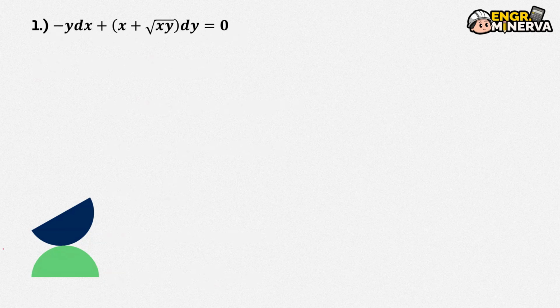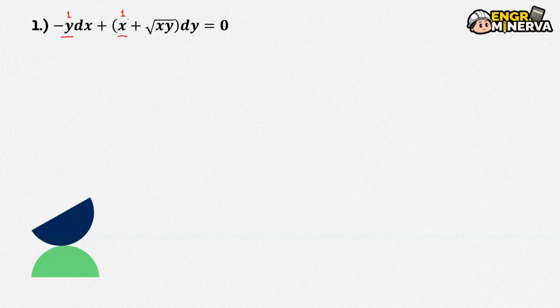First, we have negative y dx plus x plus square root of xy dy equals 0. Let us determine if it is really a homogeneous differential equation. The degree of this term is 1, same as with this term.